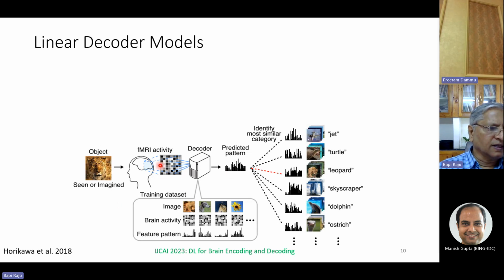The functional MRI brain activity is used to build a decoder to predict the features of the stimulus pattern that might have caused this brain activity. And these features could be used to predict the label, one among various labels, jet or turtle or leopard or a skyscraper and so on.